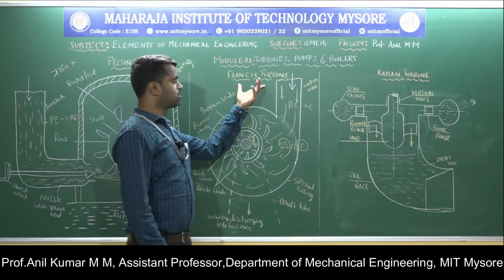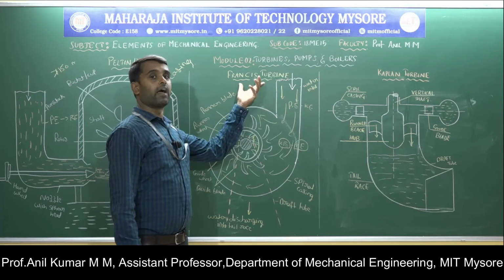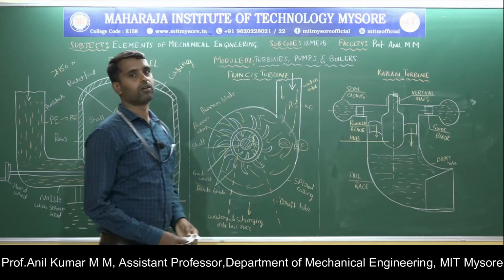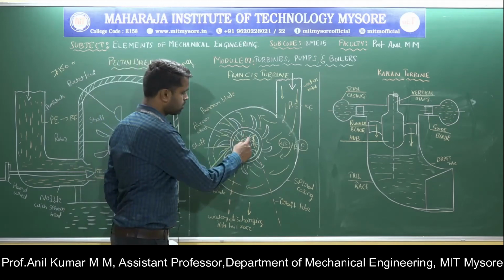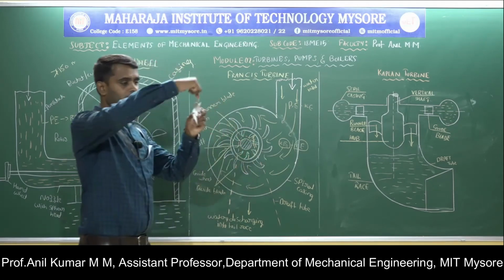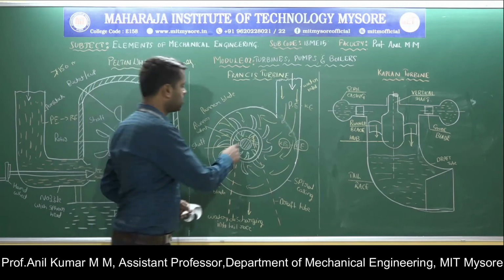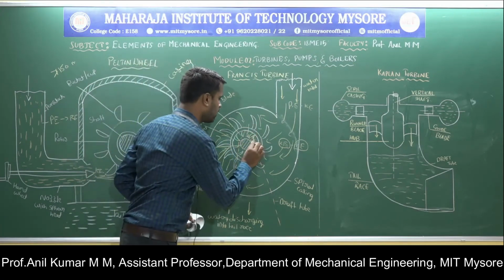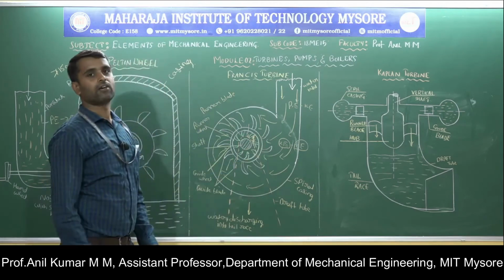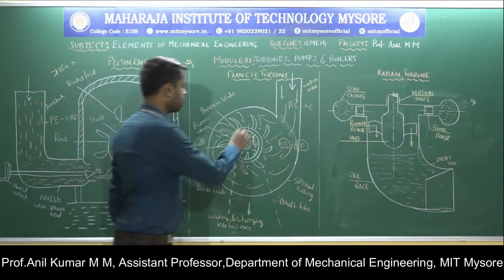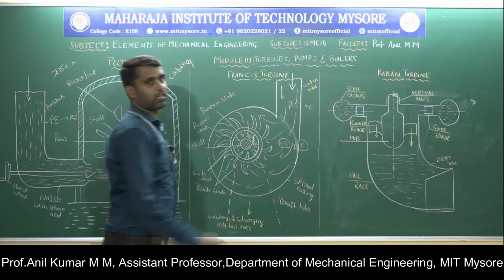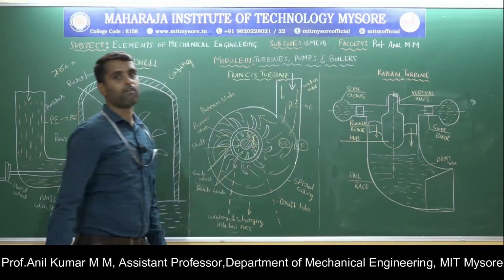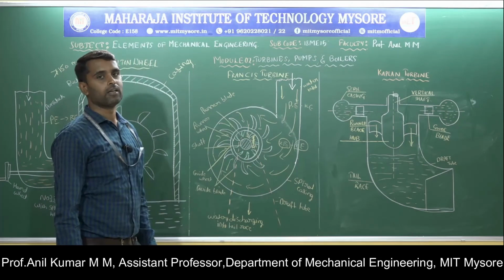Okay, this Francis turbine is a radial flow, medium head, reaction water turbine. Radial flow means the water strikes the runner blades in the radial direction, and it is a reaction water turbine. Both impulsive and reactive force will be acting on the blades. For the incoming water, the impulsive force is acting on the runner blades, and for the outgoing water, at that time the backward force will be developed.